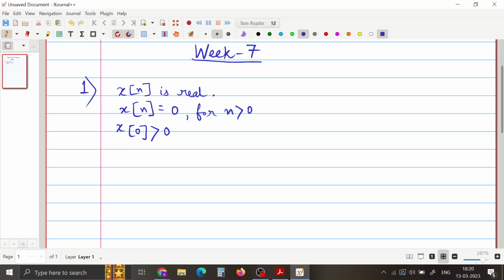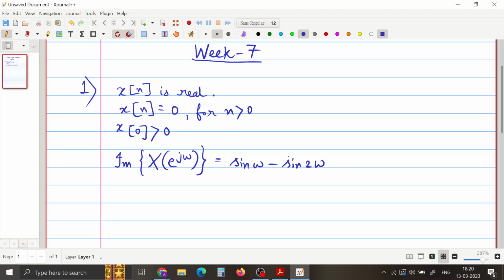Okay, and we have the imaginary part of the Fourier transform of x of n. This is given as sine omega minus sine 2 omega.